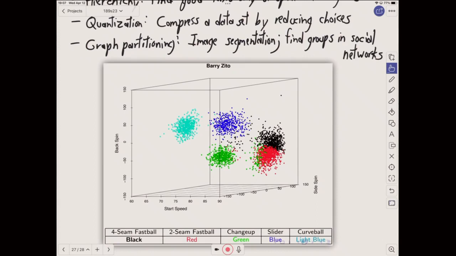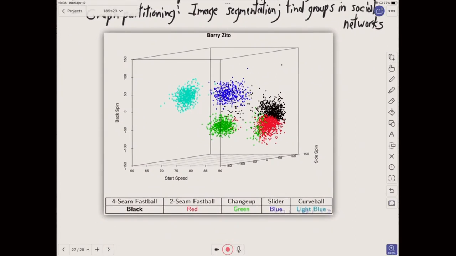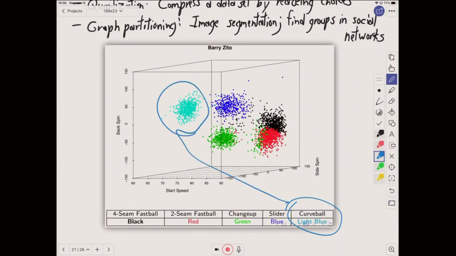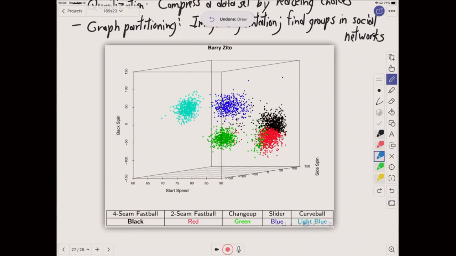And what you find is that there really are notable differences between different kinds of baseball pitches. So you can see that, say, curveball, for instance, which are the light blue, are in a distinct part of space from, say, sliders, which are the dark blue. So I thought this was interesting that you can really quantify different kinds of pitches and how they differ from each other.